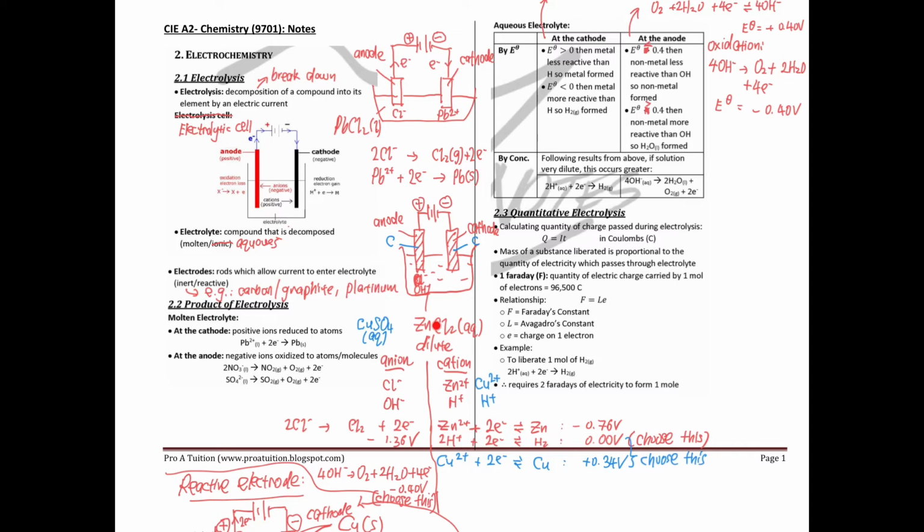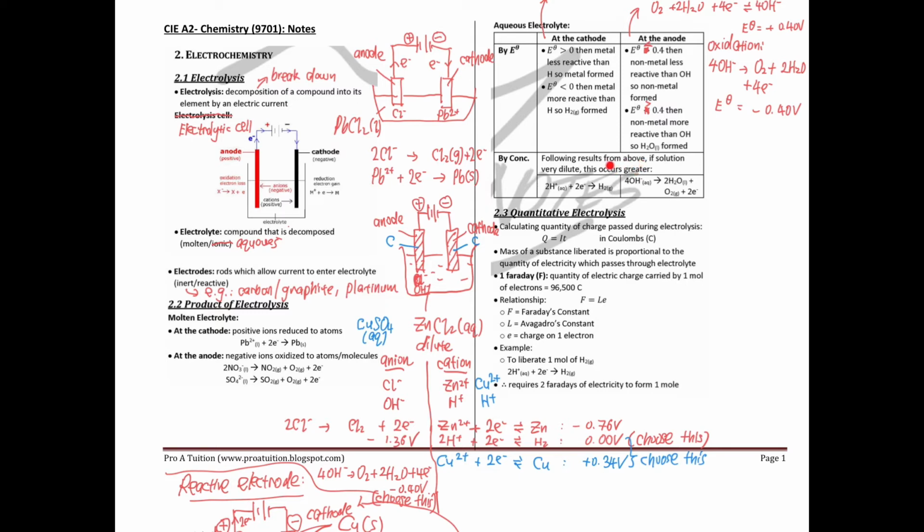Zinc chloride is less, water is more. Because of that, H plus and OH minus are more in a dilute situation. So if the solution is very dilute, this occurs to a greater extent.